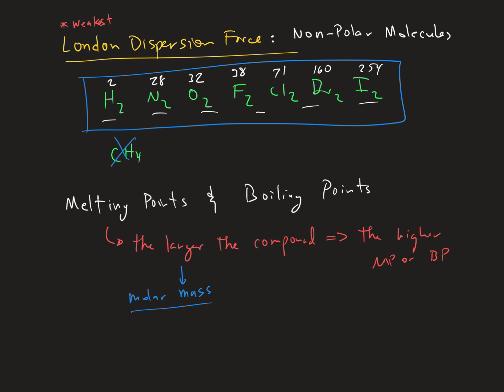My numbers might be slightly off, but we can see that as the molar mass increases, so does the melting point or the boiling point. So if we put these in order of melting point, boiling point, then this is what it would be. Now I wrote them in this order on purpose, but on the exam they might be in different orders and you'll have to put them in order. Does that make sense?